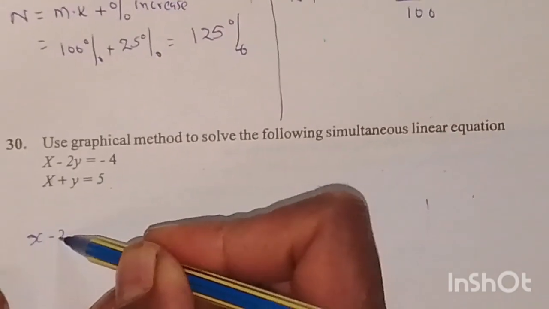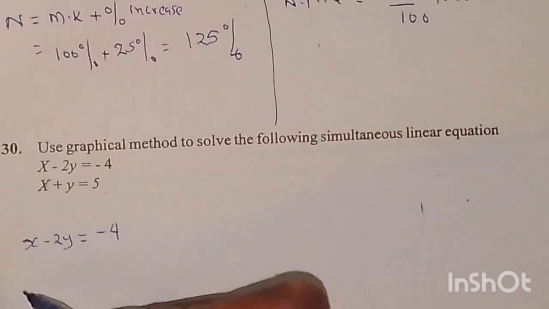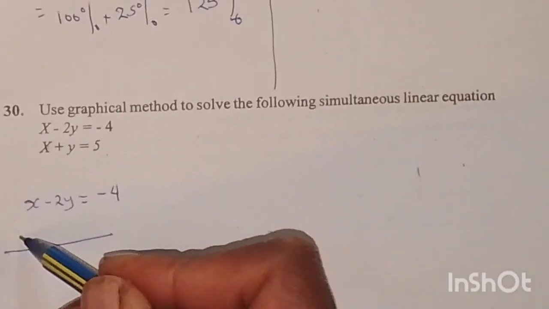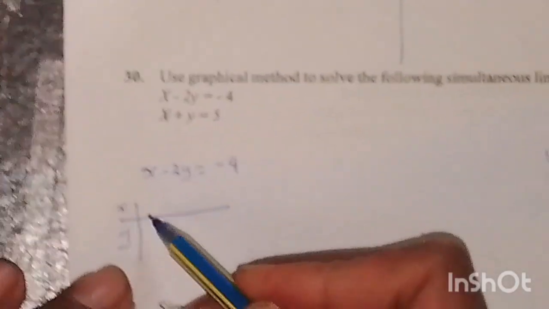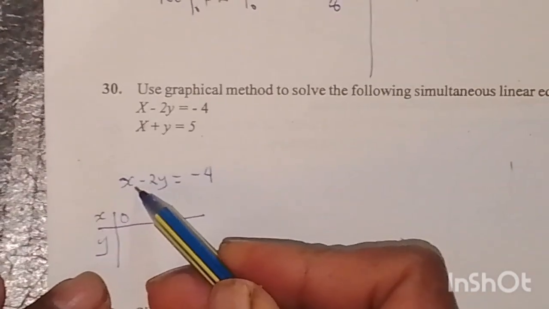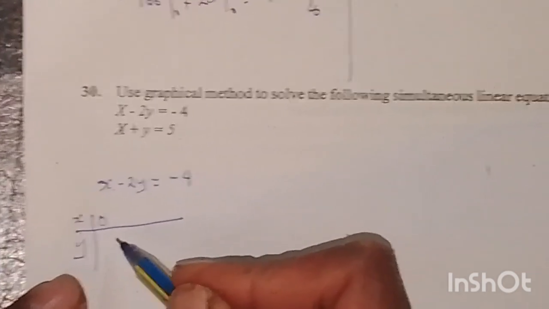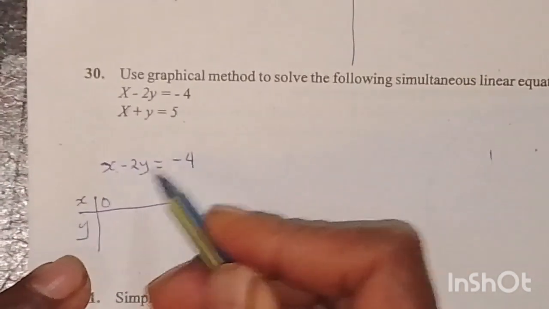x minus 2y is equal to minus 4. Therefore, to find the coordinates, we find x and y. If x is 0, put 0 here. Then the answer shall be minus 2y equivalent to minus 4, divided by minus 2.